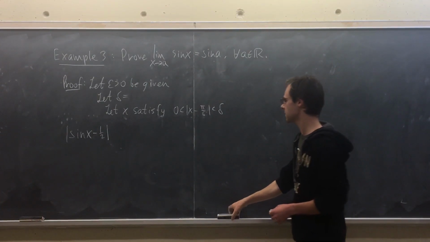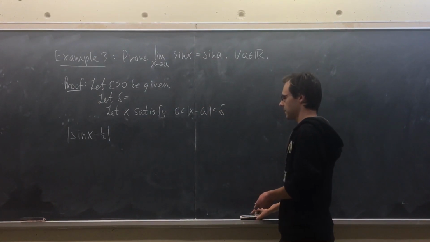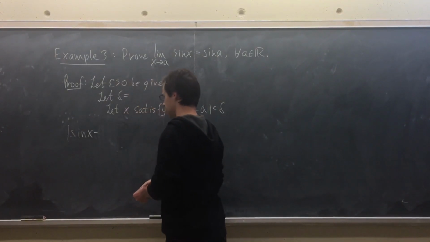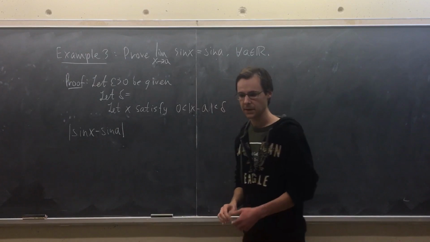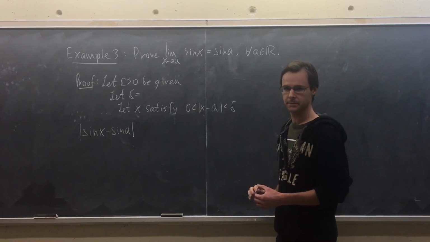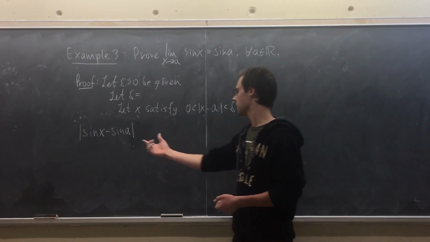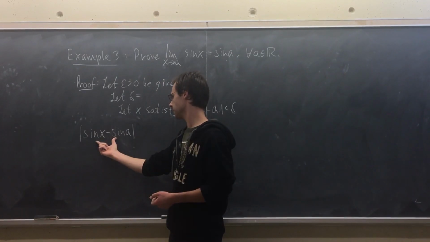Now, what needs to be erased? This. We need x minus a over here. And here we need sine x minus sine a in absolute values. Okay? And now, why did I say this is an easier problem? Well, you're trying to bound here a difference of 2 sines. Okay?